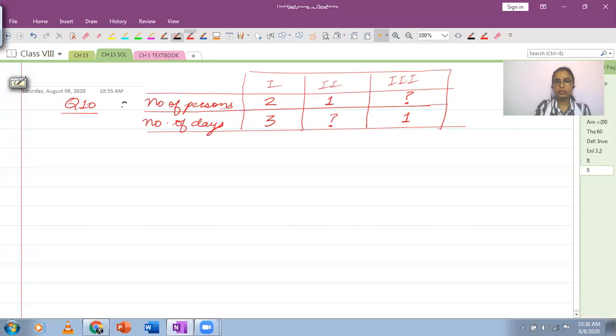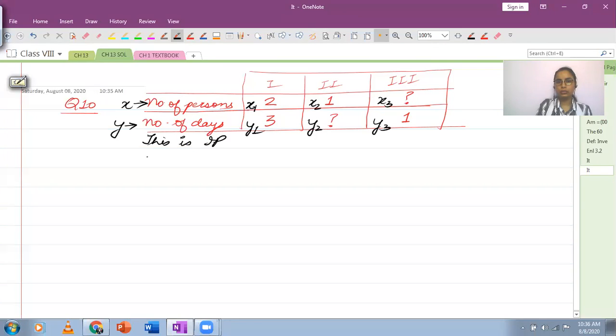So let's represent the number of persons as X, number of days as Y. So this is X1, X2, X3, and Y1, Y2, and Y3. Again, this is inverse proportion. You will have the products equal.